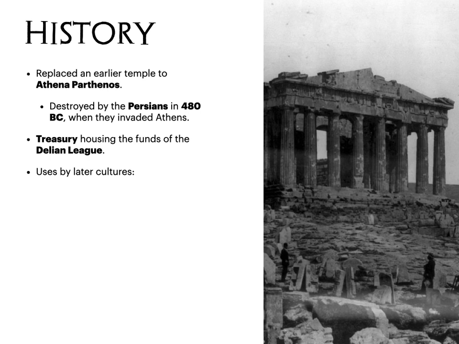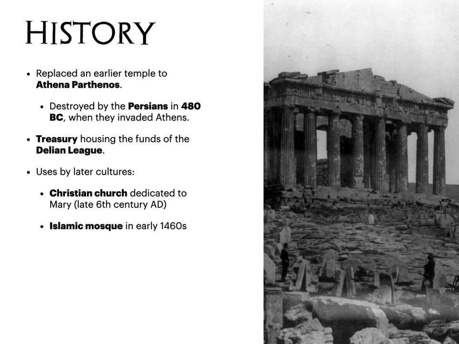And it was used a lot by later cultures, which is why it still survives in some form. So after the Romans took over and then the Roman Empire became Christian, it became a Christian church dedicated to the Virgin Mary. It then became an Islamic mosque in the 1400s, and then it was used to store ammunitions.